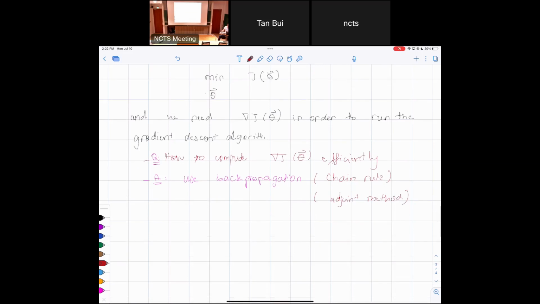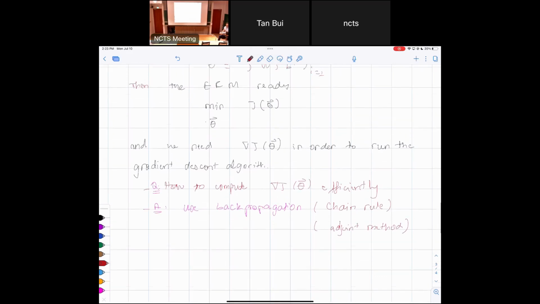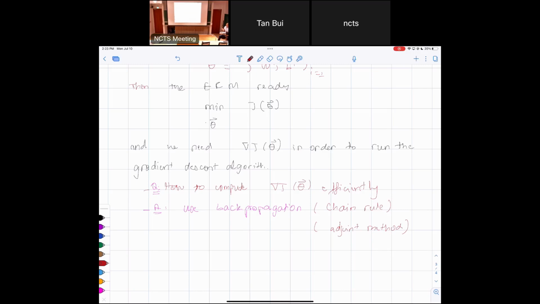But that is it. Backpropagation. Any question before we actually jump into backpropagation? I just put down a problem setting that leads to the need for computing the gradient of the loss function. As you'll see later, backpropagation is perhaps the most efficient way to do so, especially when you have multiple variables.